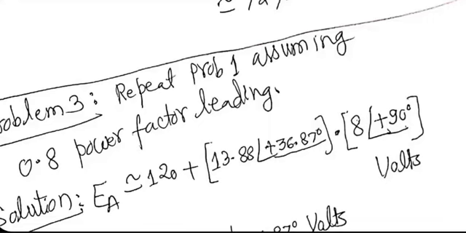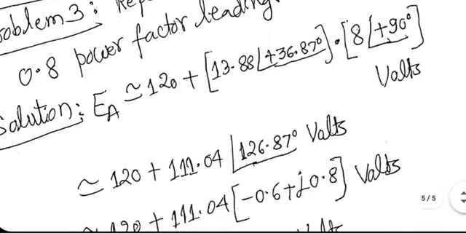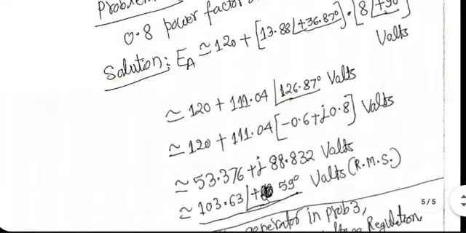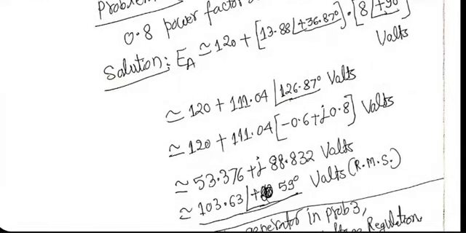The result, assuming no mistakes, is astoundingly different. Changing the power factor from lagging to leading gives you a very different value of EA: 103.63 volts with a power angle of 59 degrees.